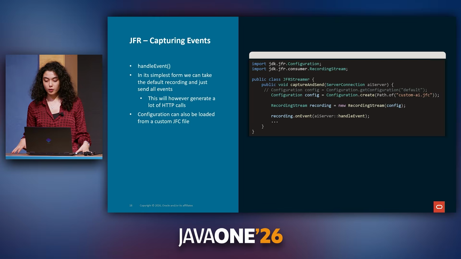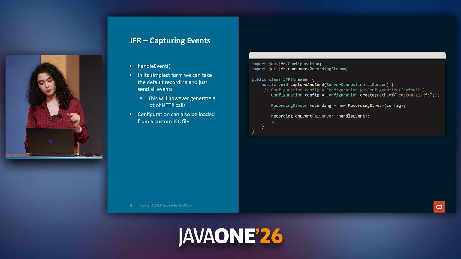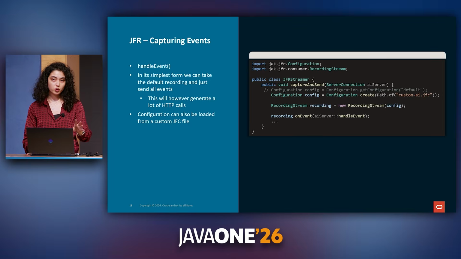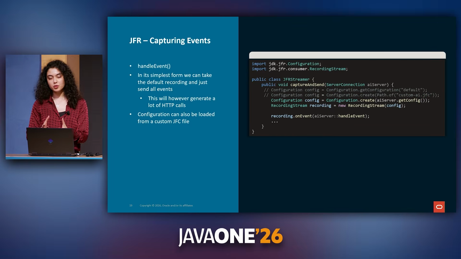So therefore, we can load the configuration from a configuration file, and we can customize which events are enabled for our use case. And to do that, we can add a custom JFR config file like custom-ai.jfc on each microservice, or we can have a centralized custom JFR config on only the monitoring service side.